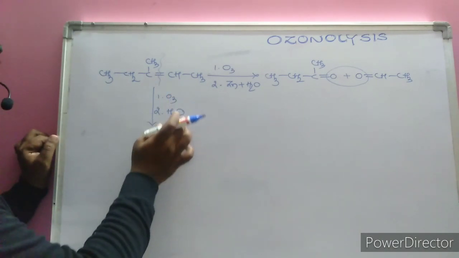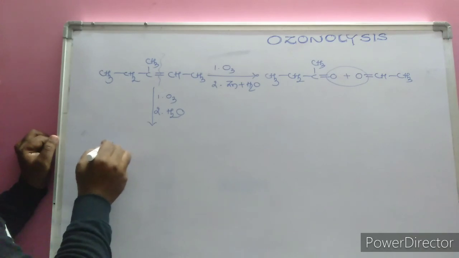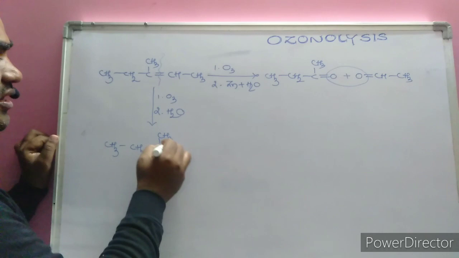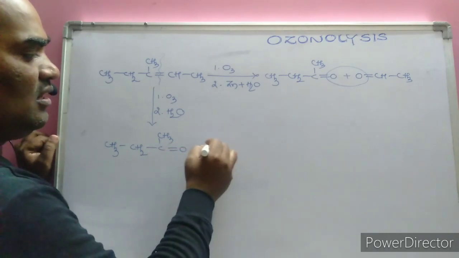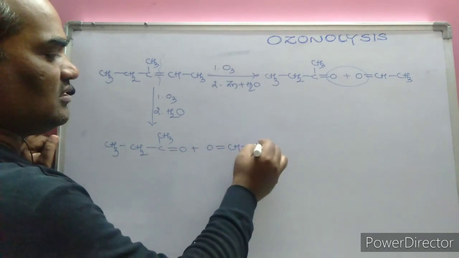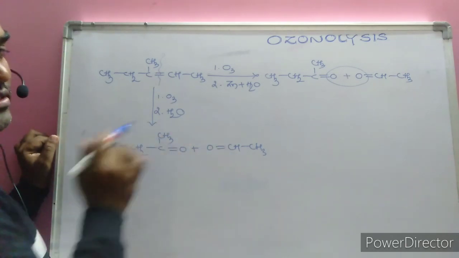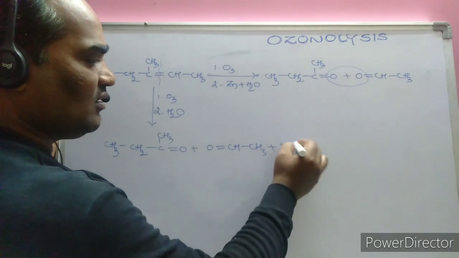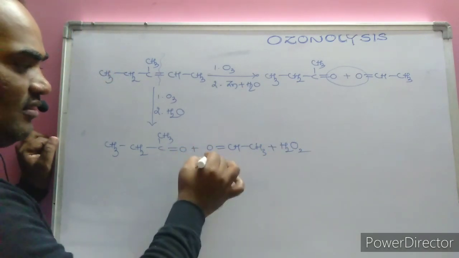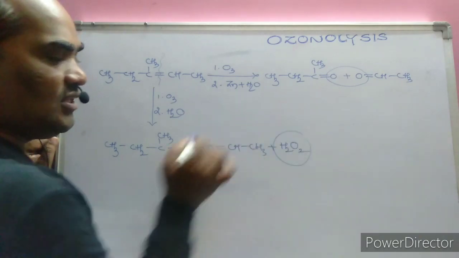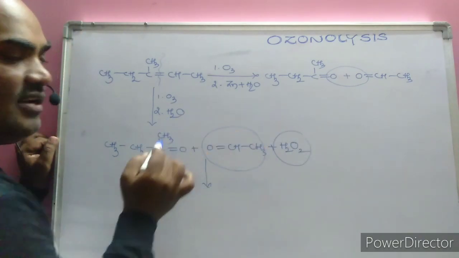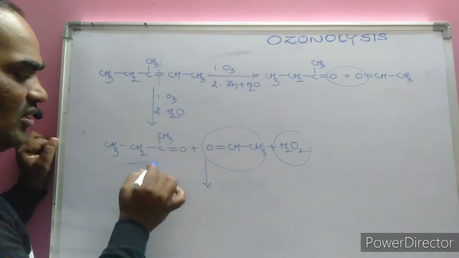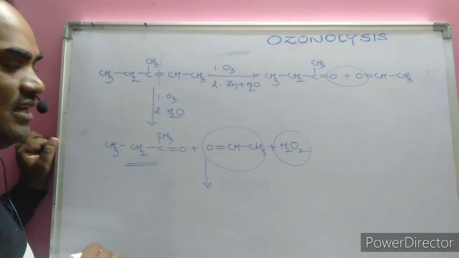In the case of oxidative ozonolysis, step 1 is the same, with the same products: CH3CH2-C(=O)-CH3 and O=CH-CH3. One is a ketone, another is an aldehyde. Here the oxygen atom accepts water and forms H2O2, which oxidizes aldehydes to carboxylic acids with the respective number of carbons, but ketones are not oxidized.